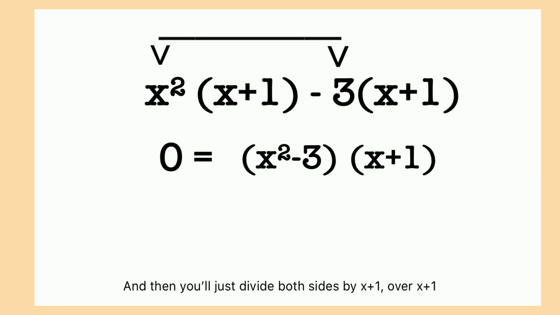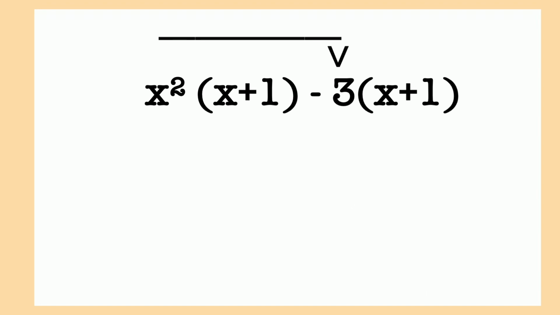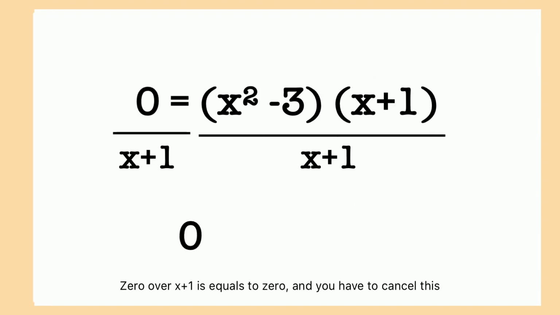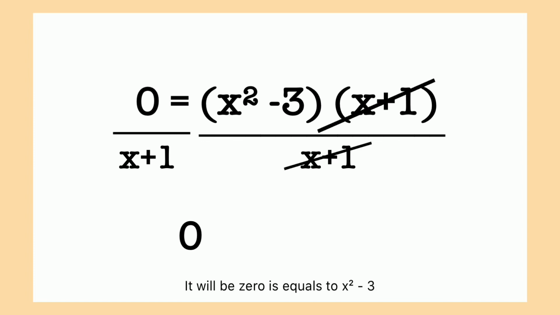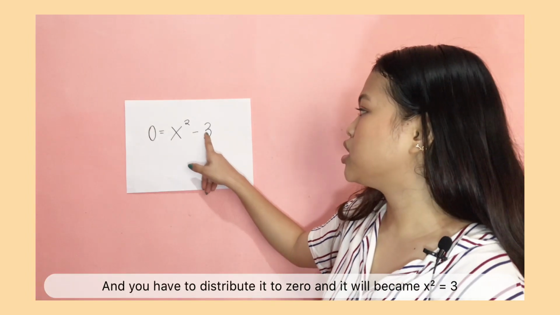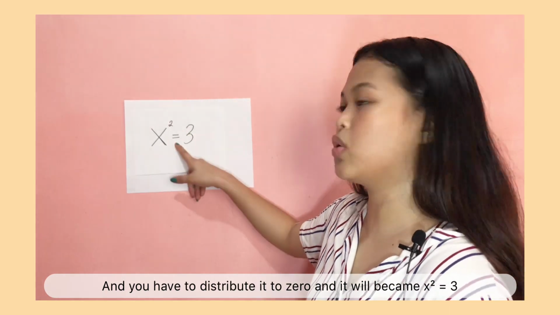And then you'll just divide both sides by x plus 1 over x plus 1. 0 over x plus 1 is equal to 0, and you have to cancel this. It will be 0 equals x squared minus 3, and you have to distribute this to 0, and it will become x squared equals 3.